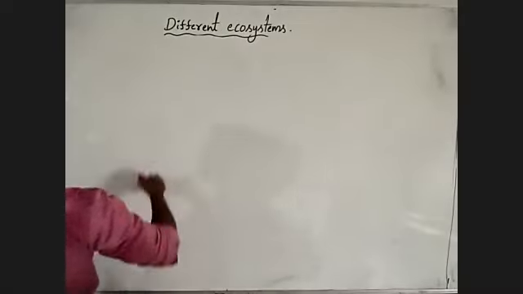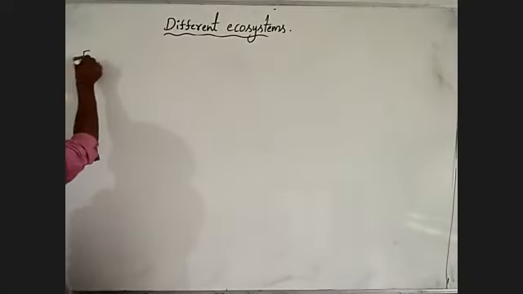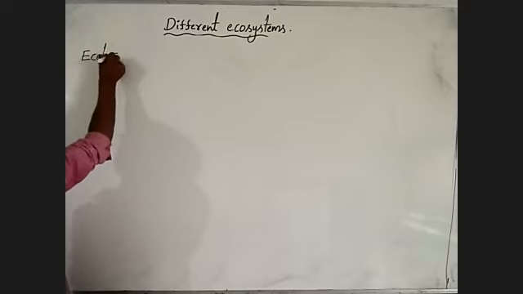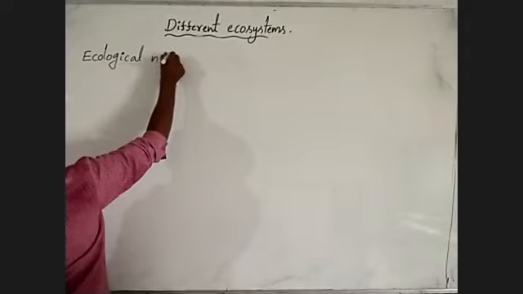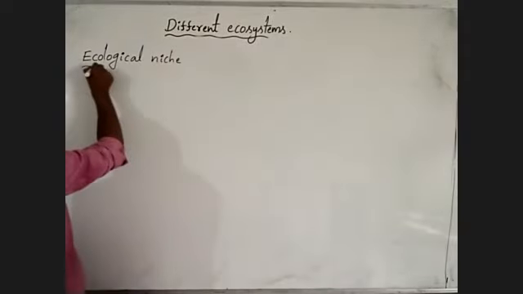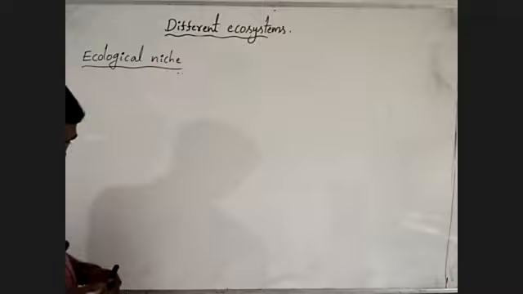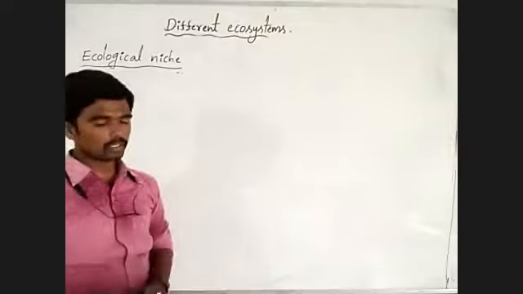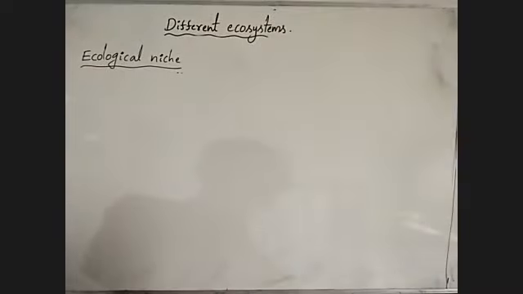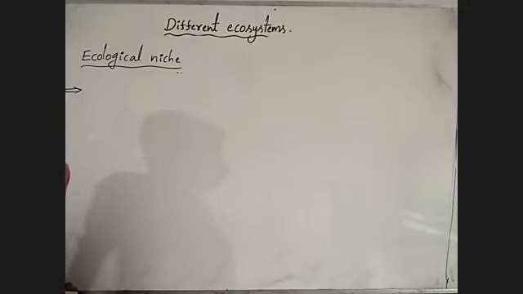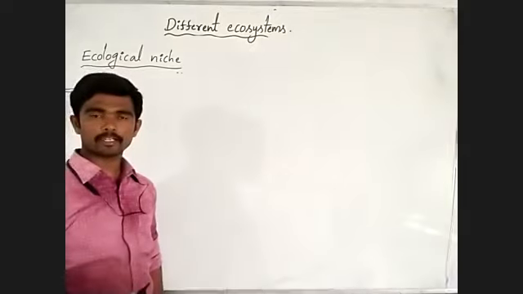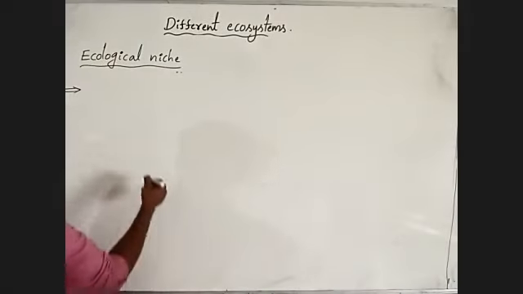Ecological niche. Ecological niche is another important method to explain the position and function, meaning the role, of an organism in an ecosystem.